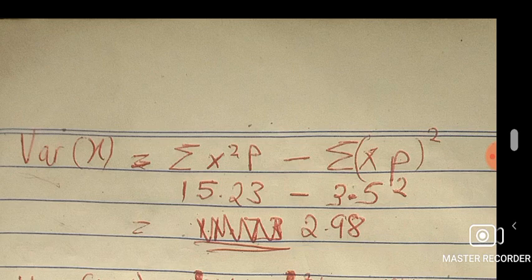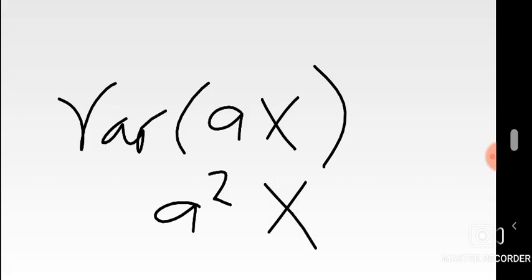4x. Well, there's just a property you need to know about in probability distributions. Variance of a given coefficient of x is solved as follows. Are we clear there?